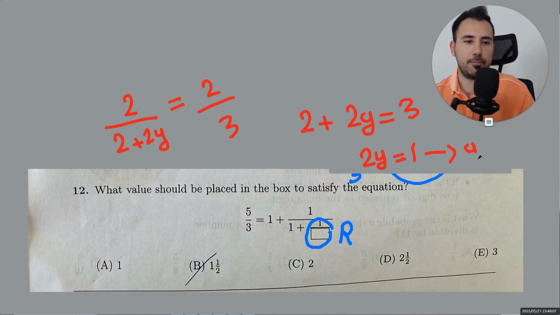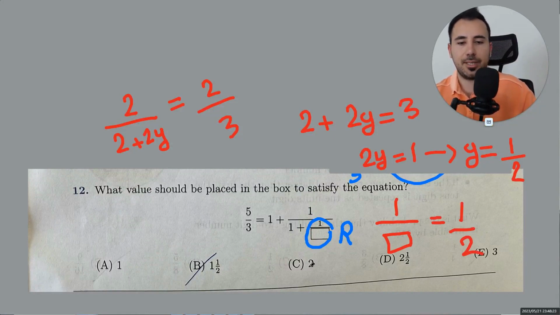So y, which was our R, Raven, okay, is 1 over 2. So that means this triangle was 1 over 2. So the answer is 2.